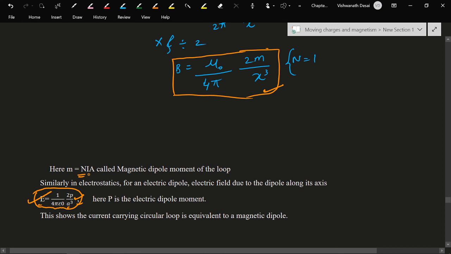Here m is equal to nIA, or with n equal to 1, it is called the magnetic dipole moment of the loop. This shows the current carrying circular loop is equivalent to a magnetic dipole.